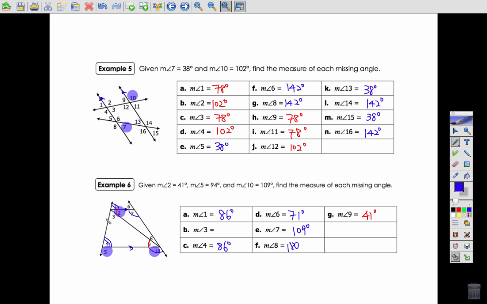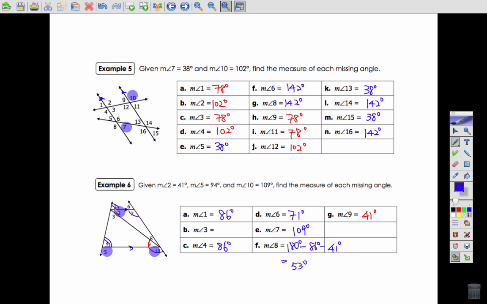So to find out what angle 3 is worth, we just need to subtract angle 4 here, which is 86 degrees, then subtract angle 9 there, which is 41 degrees. So 180 minus 86 is 94. 94 minus 41 is 53 degrees. So angle 8 is 53 degrees, right?